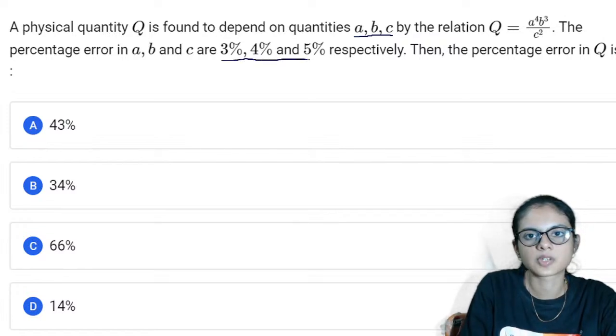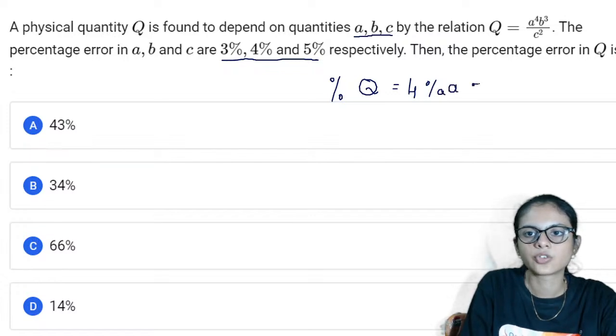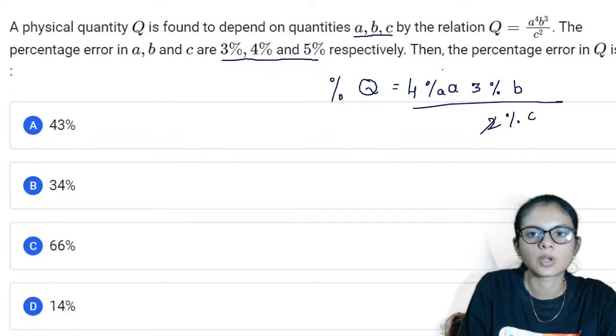So these are the percentage errors given, and the q value is given. What will be the percentage error in q? It will be 4 into the percentage error of a, plus 3 into the percentage error of b, plus 2 into the percentage error of c. 2 ones are 2, 2 twos are 3 twos are 6.